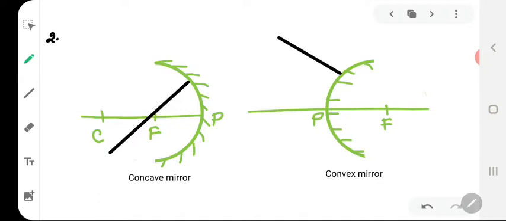So in case of a concave mirror, as you can see, it is passing through the focus, but in case of a convex mirror, it is directed towards the focus.